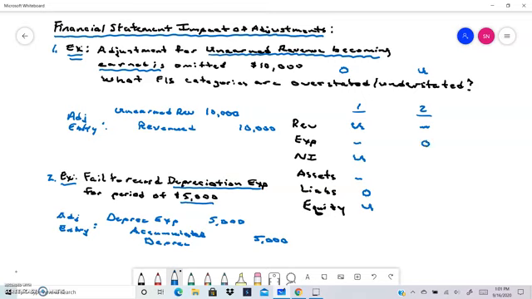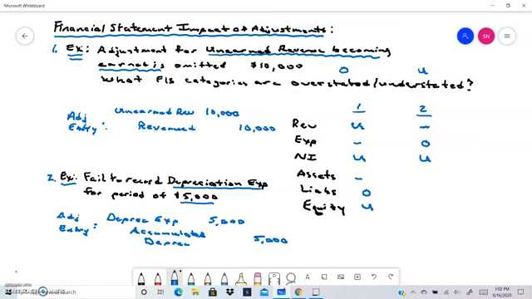If expenses are too high and revenue is the same, then of course net income would be too low. I'm sorry, let's go back. That's my mistake.